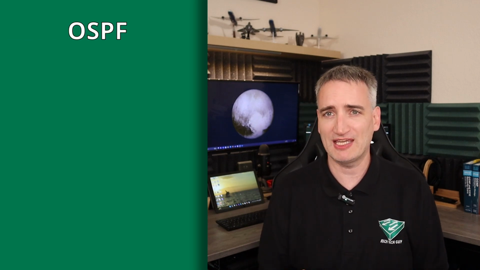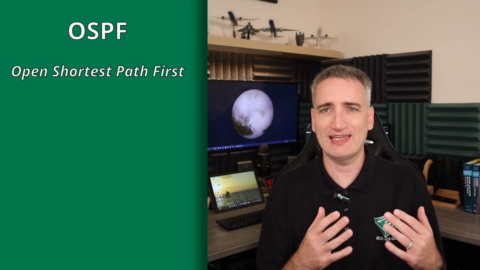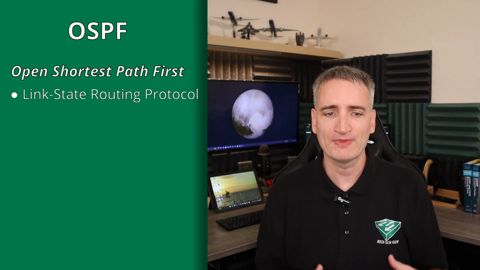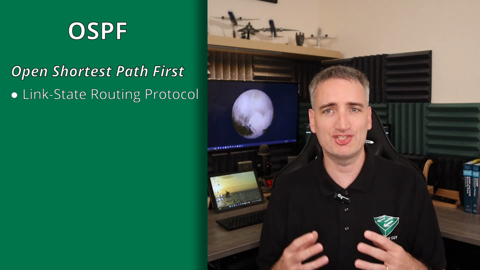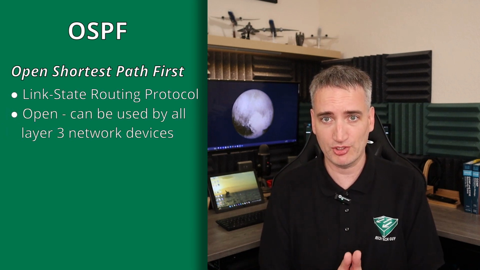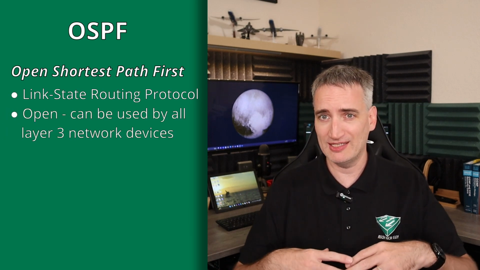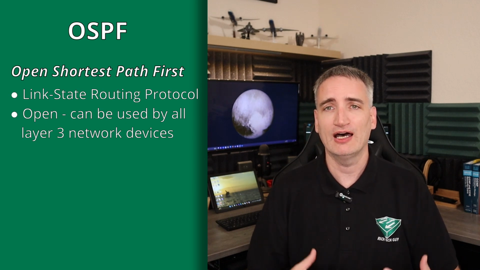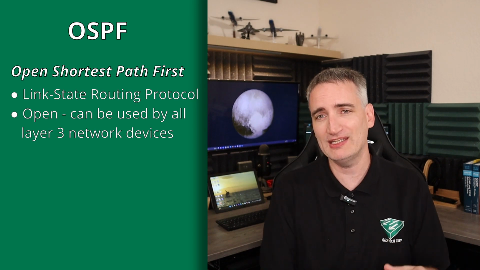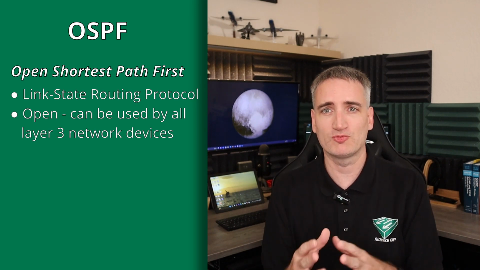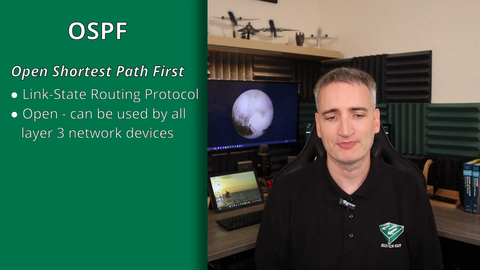The next routing protocol is OSPF. Now, OSPF stands for Open Shortest Path First, and it is a link state routing protocol. For local area networks, OSPF is generally the preferred routing protocol, primarily because it is an open routing protocol, and so it's not just Cisco devices like EIGRP, but all devices will support OSPF.